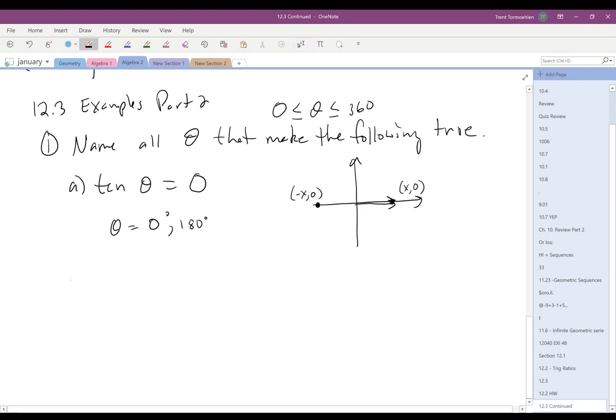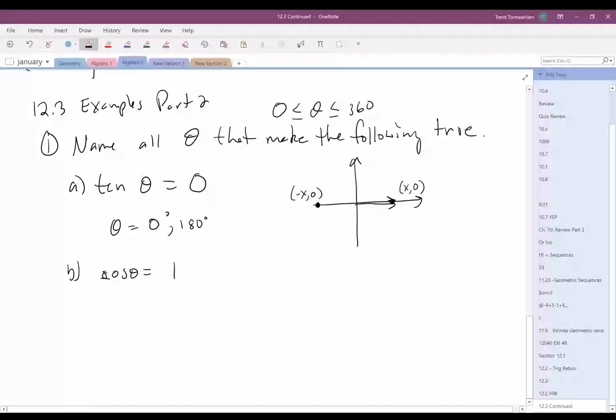For a second one, we can look at the cosine of theta is equal to 1. Well, if cosine theta equals 1, we've got to think about what cosine is. Remember, cosine is equal to x over r. And so that means that the x value is the same as the r value, which means that the leg is the same as the hypotenuse of the triangle.